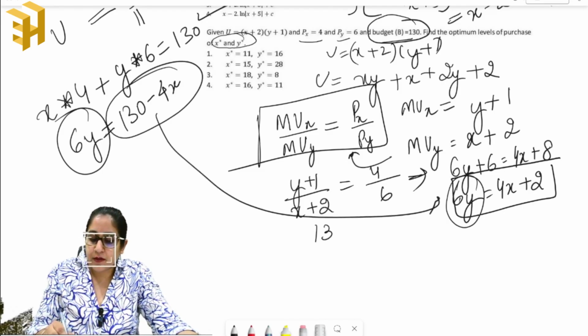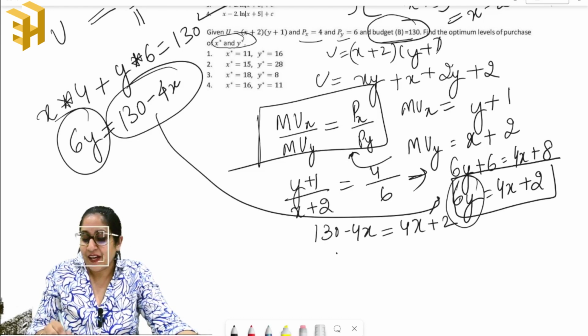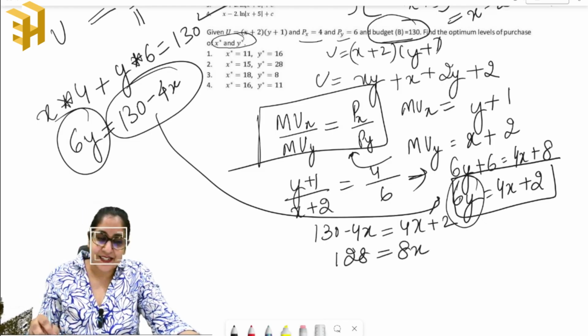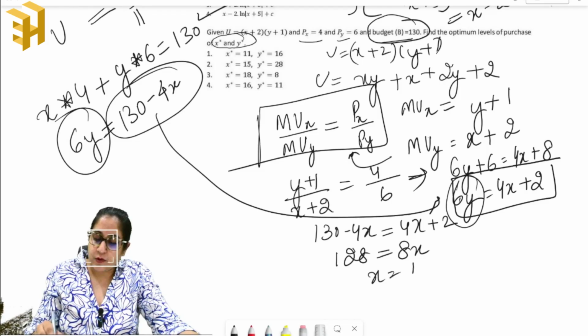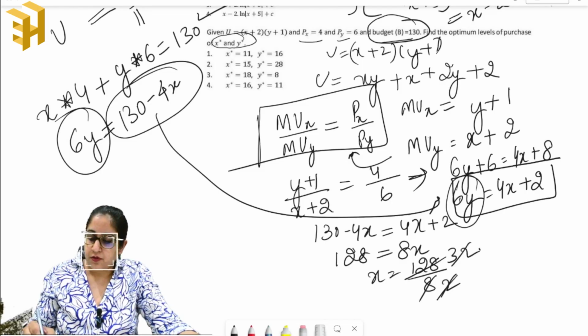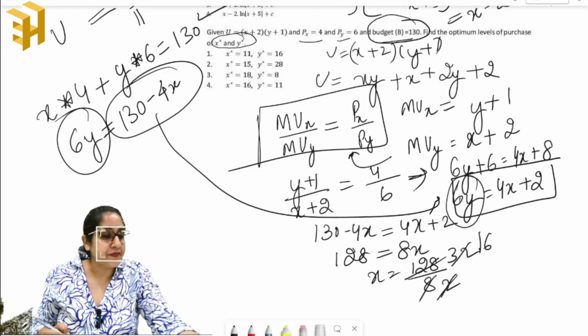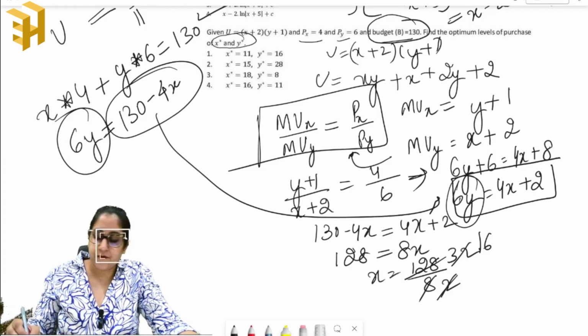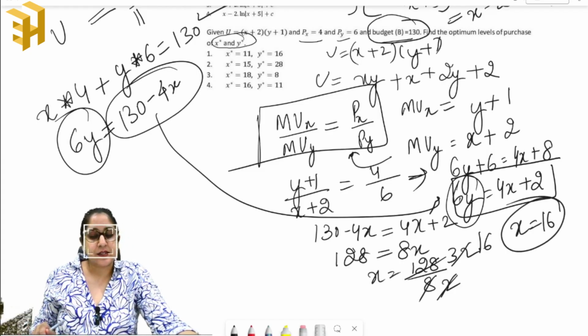So 130 minus 4x is equal to 4x plus 2. Okay, so 128 is equal to 8x, isn't it? And x will be equal to 128 by 8. So you can say 32 and 16, isn't it? So optimal level of x is 16.